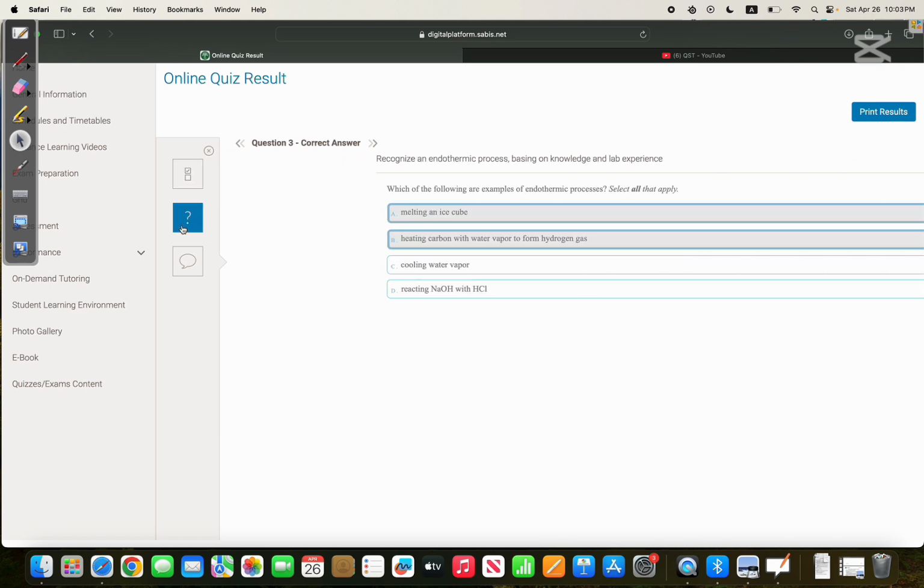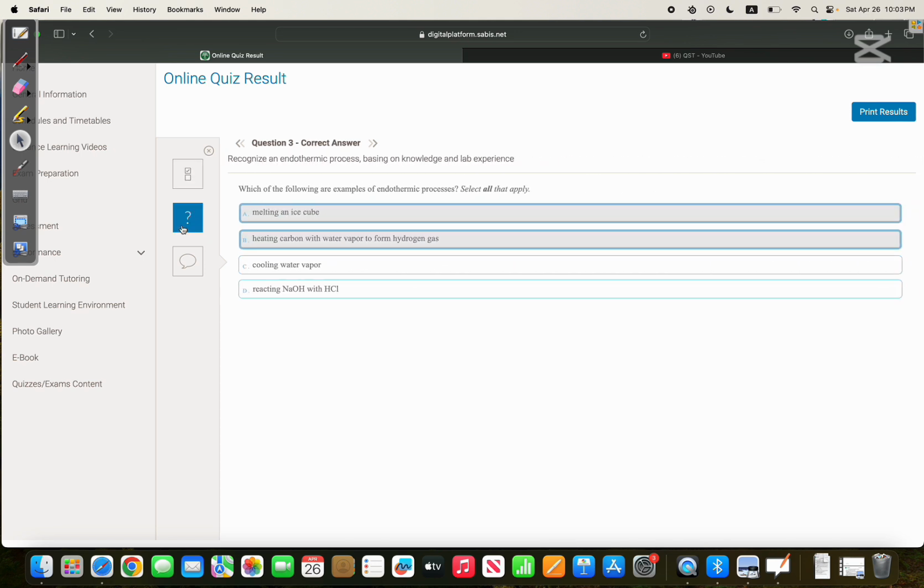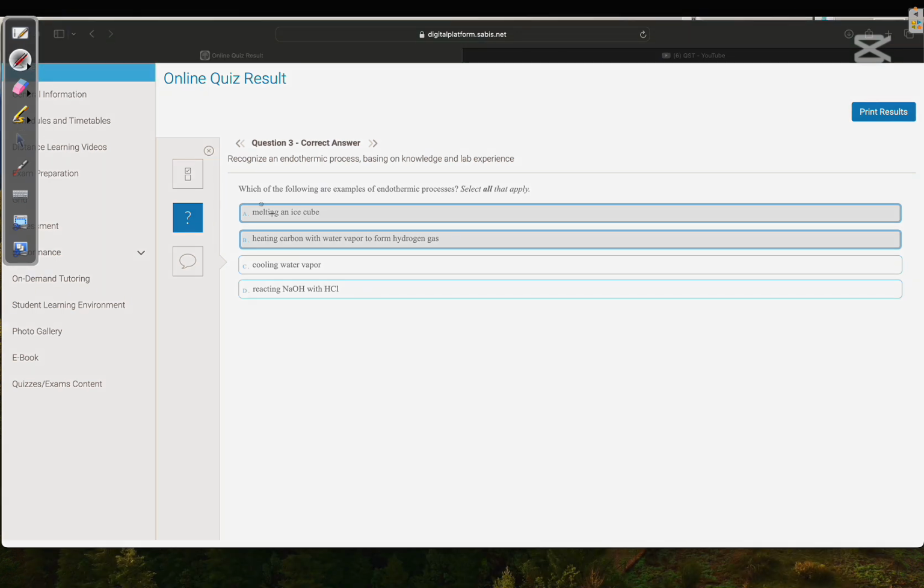Number 3. Which of the following are examples of endothermic processes? Endothermic processes are reactions that need energy. So let me draw solid, liquid, gas.